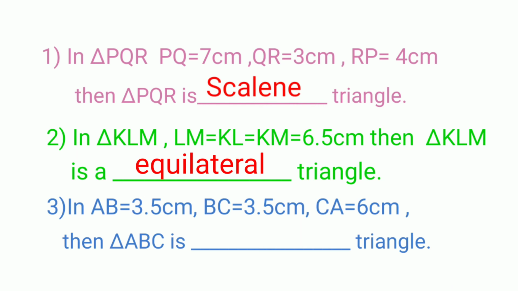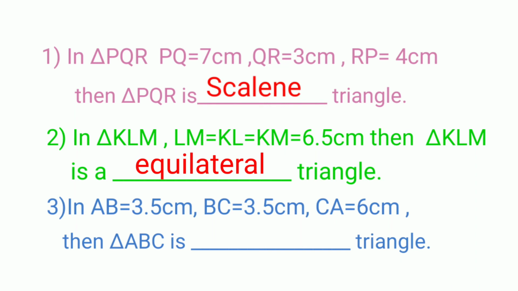The third one, in triangle ABC, side AB is 3.5 cm, side BC is 3.5 cm and side CA is 6 cm. So, name of this triangle is dash.